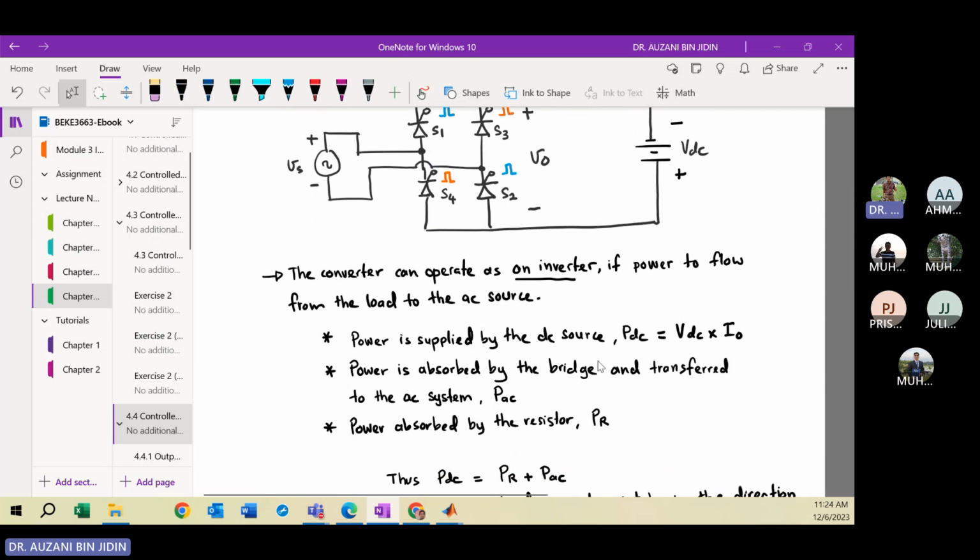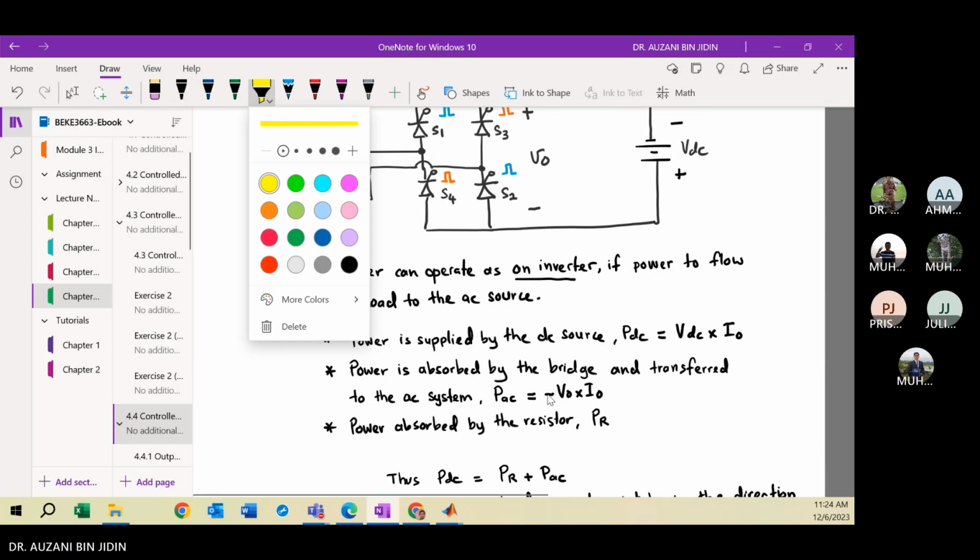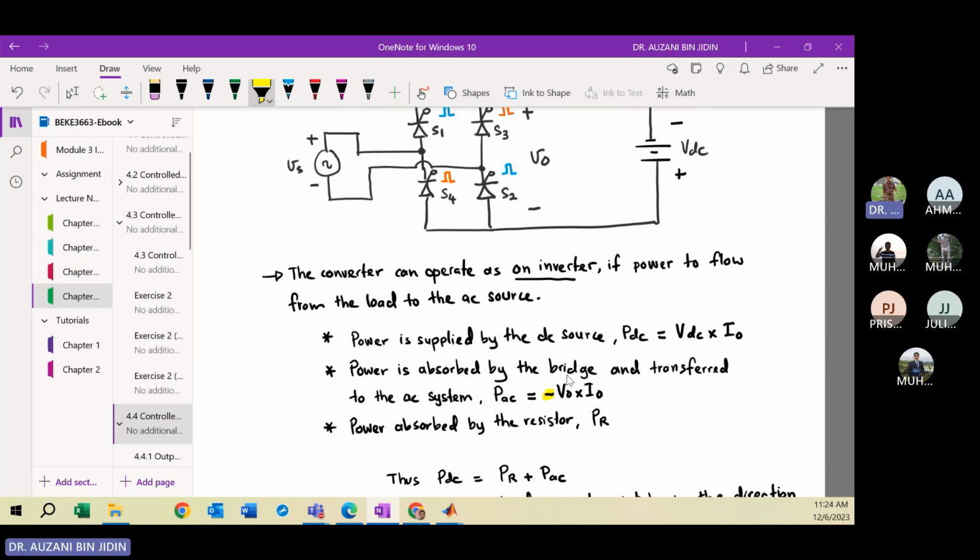So this is the AC system. The bridge absorbs the power, so we can define PAC, or P sub AC, with the equation as minus PO multiplied by IO. So don't forget to put the minus sign here. Okay, minus sign. Right?